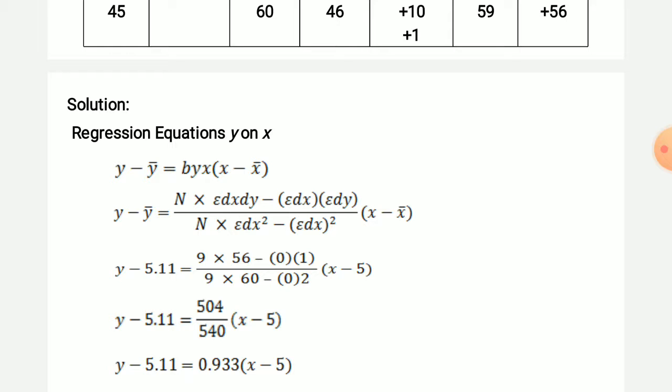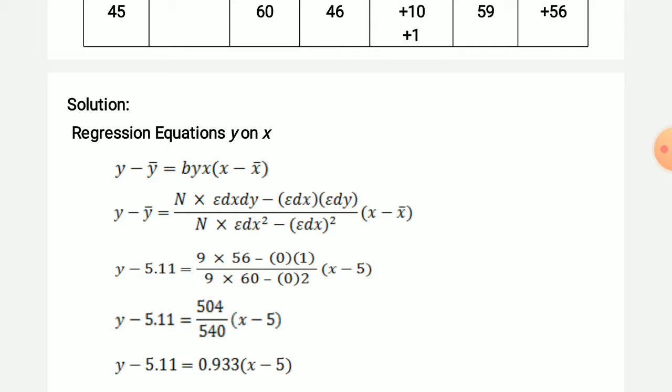So y minus y bar is equal to byx, which can be written as n into sigma dx dy minus sigma dx into sigma dy, by n into sigma dx square minus sigma dx whole square, into x minus x bar, because here assumed value is taken to take the difference of all the given values of x and y series. That's why this formula is to be applied.